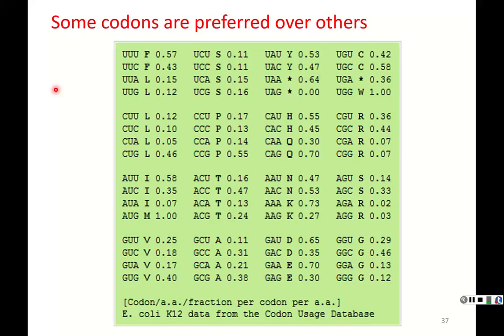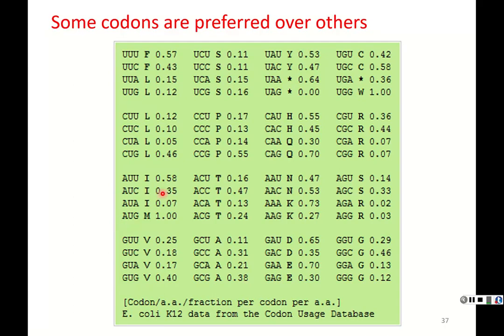If you look at the frequency, this is in E. coli, but you can look at the frequency of how the codons are used within the genome of an organism. So this is E. coli, right? And things like methionine that has one codon, the frequency is just going to be 1. It always uses that when there's a methionine.